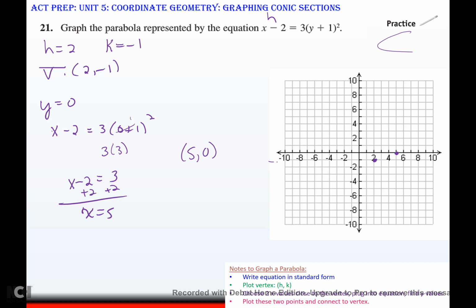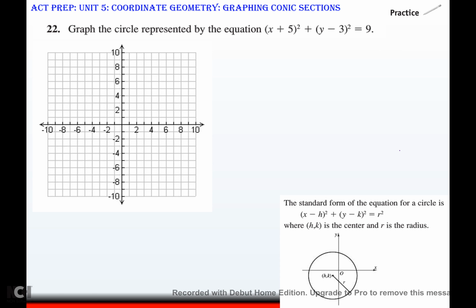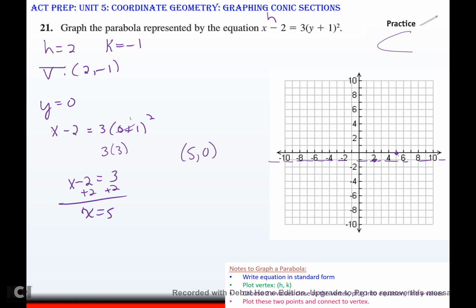And again, this will be my axis now going sideways. So since this is 1 point above the axis, then I know there's one reflected right on the other side. Connect the dots, and there's your sideways parabola. Okay?